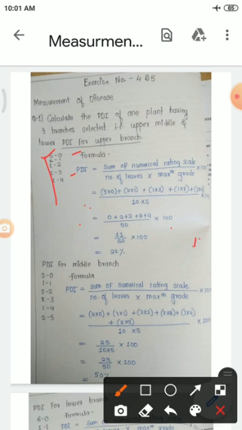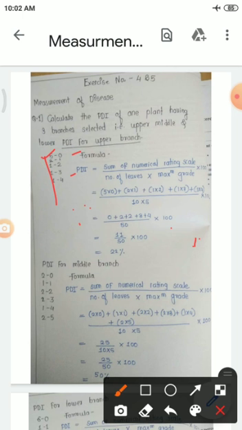As we know, 0 means there is no incidence of disease, that is, 0% disease. Then 1 indicates disease intensity near about 1 to 10%. 2 indicates 20 to 40%. 3 indicates disease appears near about 50 to 75%, and 4 indicates disease appears at 75 to 100%.